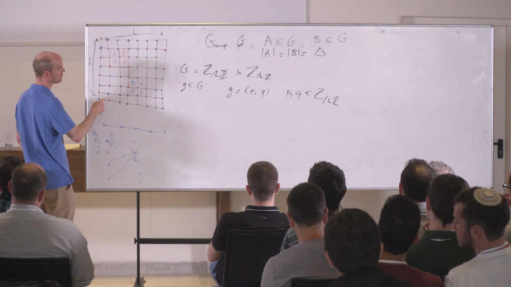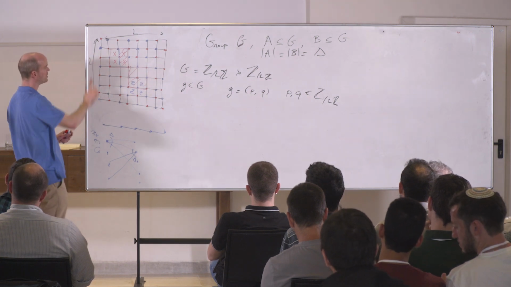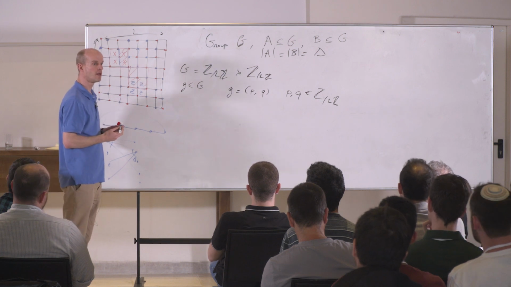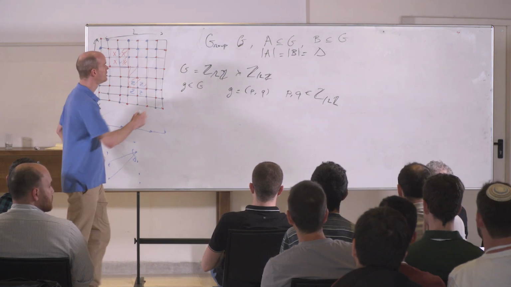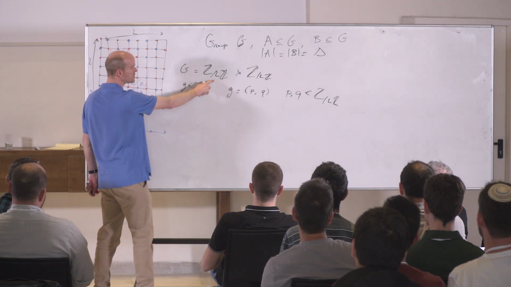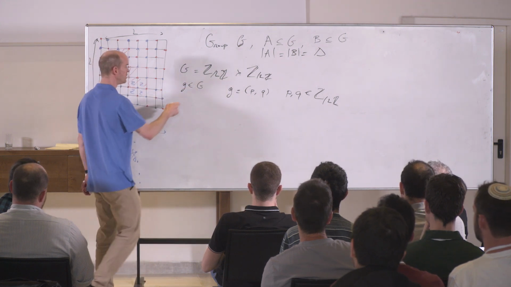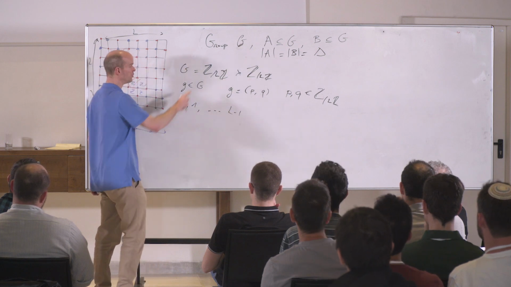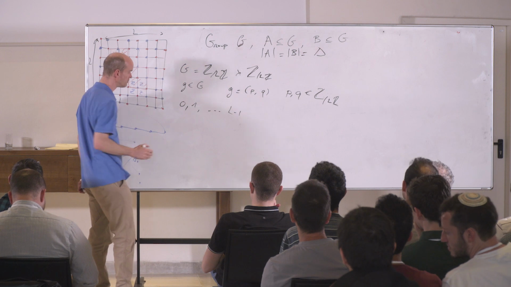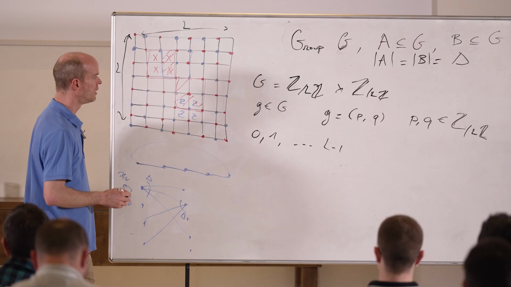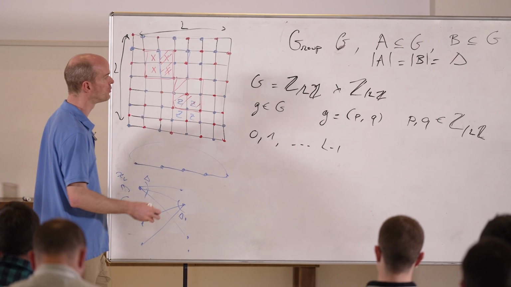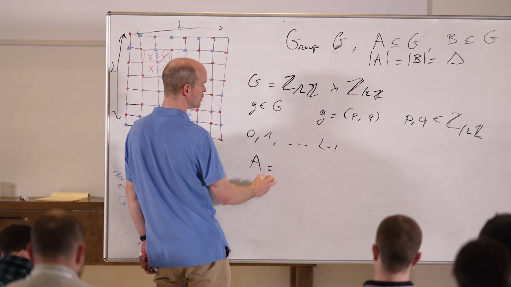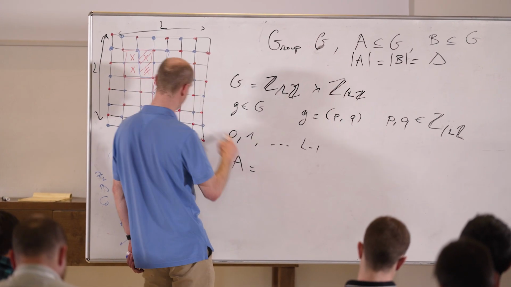So you have a group where the first coordinate tells me the vertical value and the second the horizontal value. These are just integers modulo L, so 0, 1, up to L minus 1, and you have addition mod L. So this would be the group for here, and the two sets A and B would each consist of two elements.